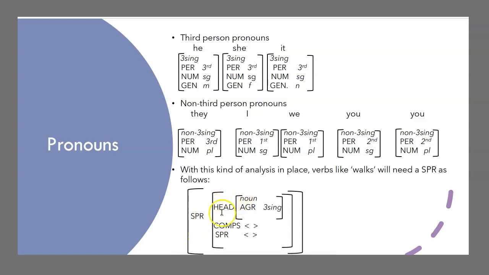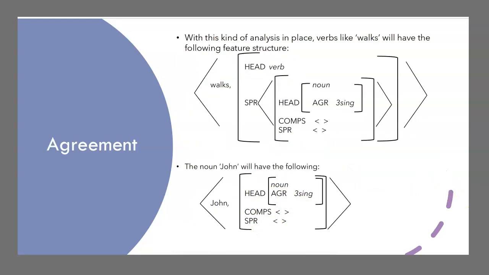Its specifier will have a head with a value noun and AGR third singular, and its specifier will not have any comps and specifier. Remember, this is the specifier value of the verb walks. This is not the complete description of the word walks.